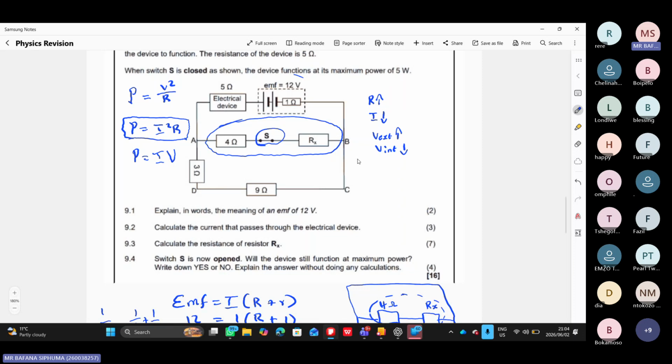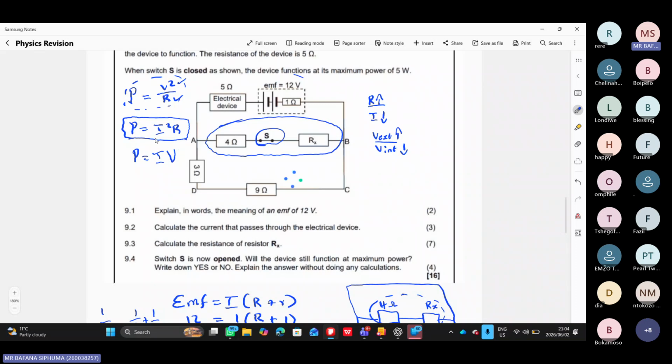So what happens now? You have to be strategic. In this equation, voltage is directly proportional to the resistance. The resistance is increasing, so the V external is also increasing.